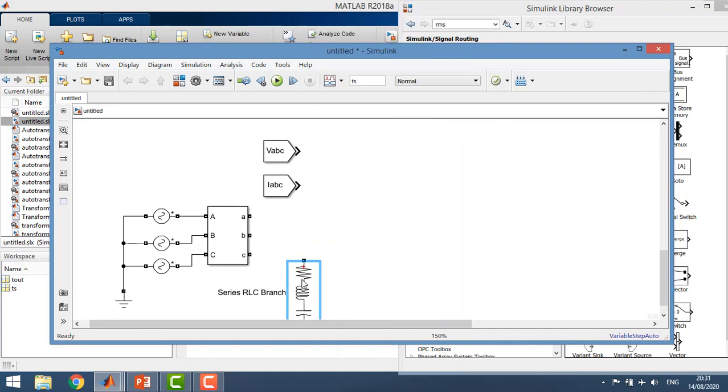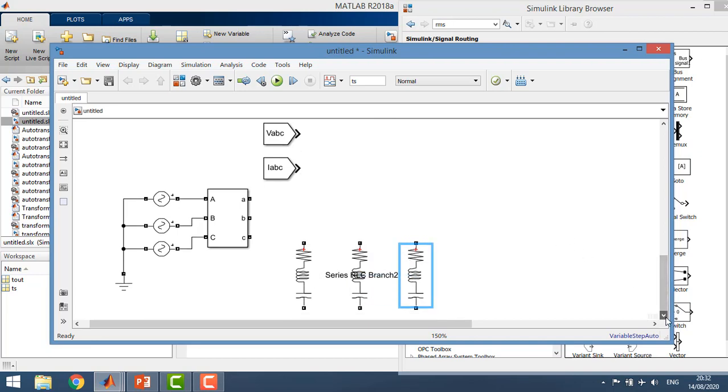So we need a branch for each phase. And we can connect all of those maybe to the same reference as well.